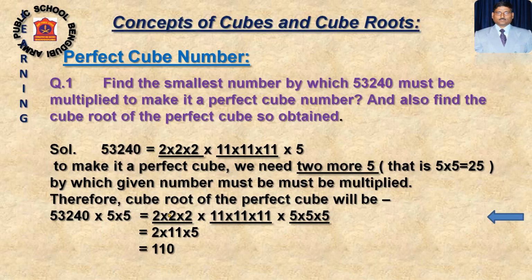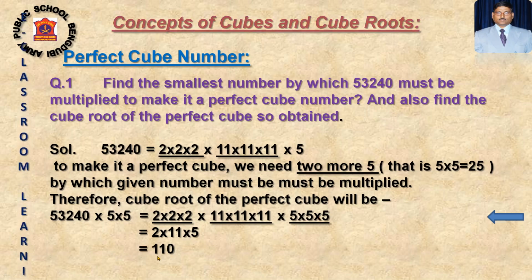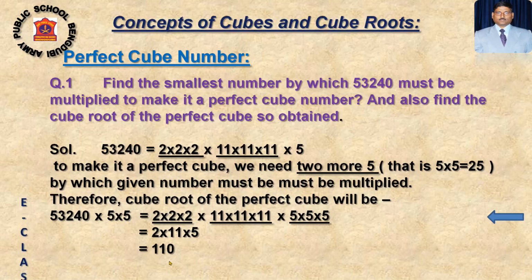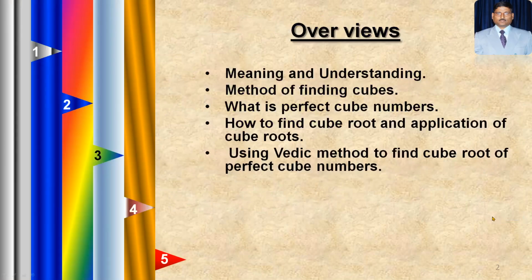From this group I will get 2, from this group I will get 11, and from this group I will get 5. After multiplying, I am getting 110. So if I multiply the given number by 25, it will be a perfect cube number, and the cube root of that perfect cube number will be 110. Have you understood?